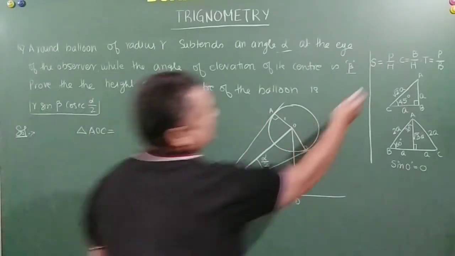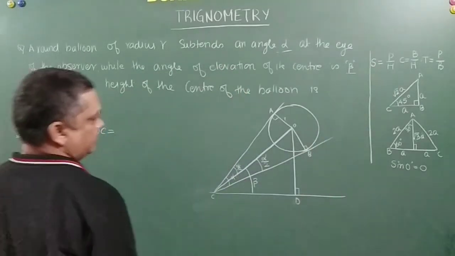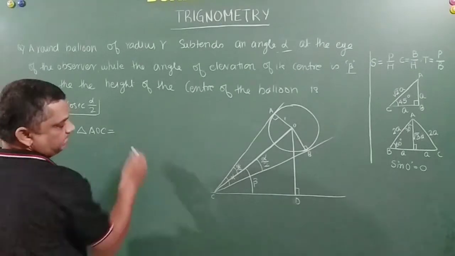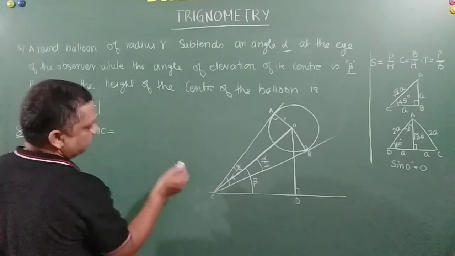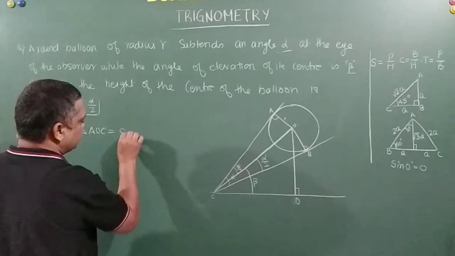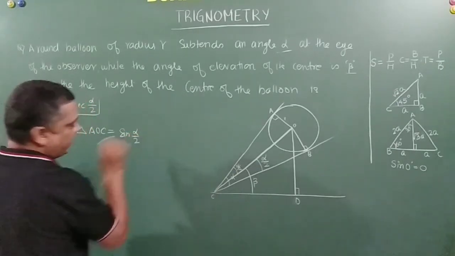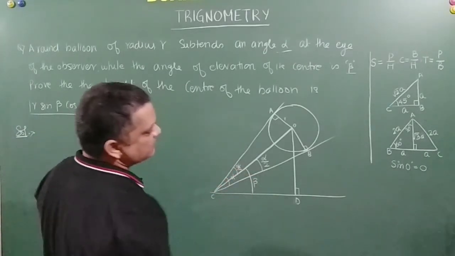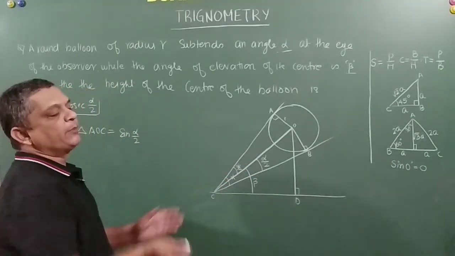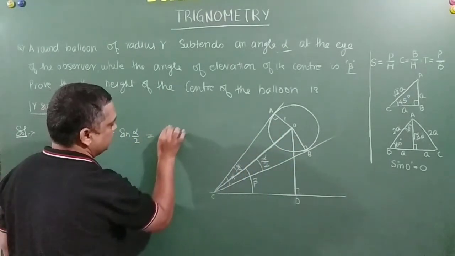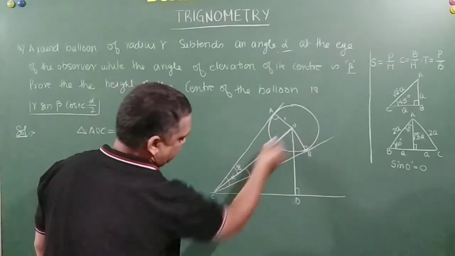So P by H is nothing but sine. So we'll take sine alpha by 2. Sine alpha by 2 will be how much? Perpendicular by hypotenuse. Perpendicular is nothing but R and hypotenuse is nothing but OC.